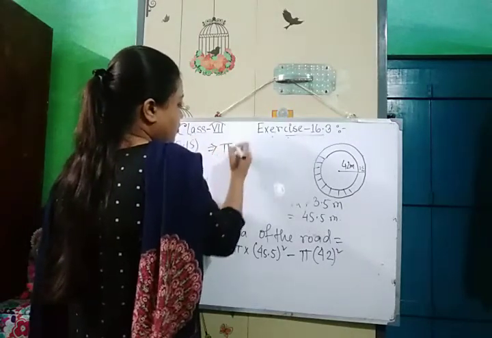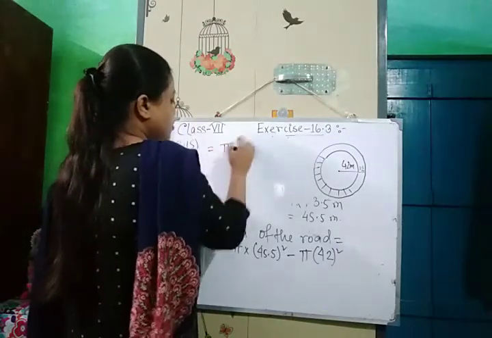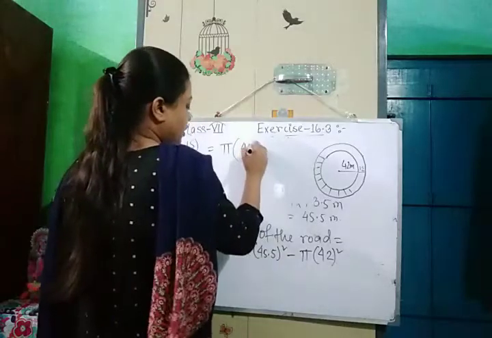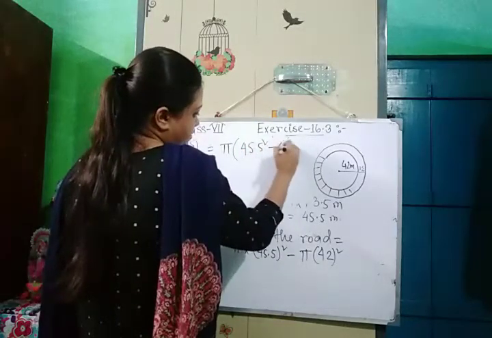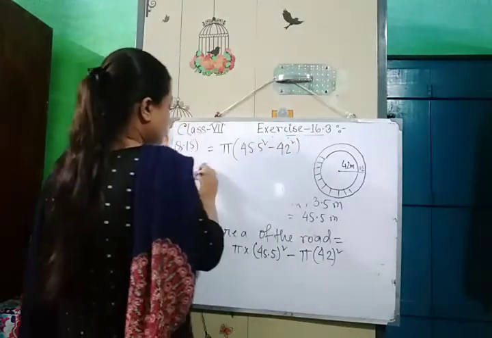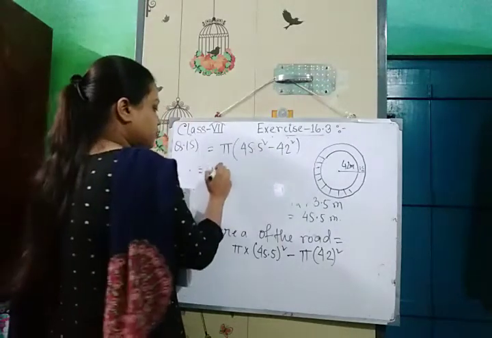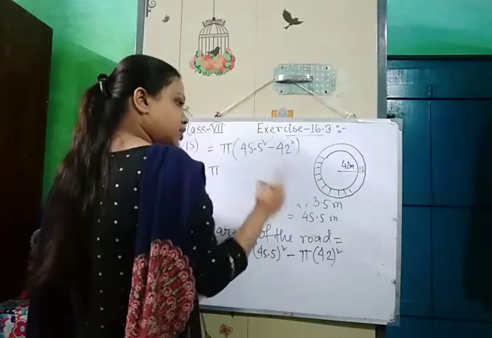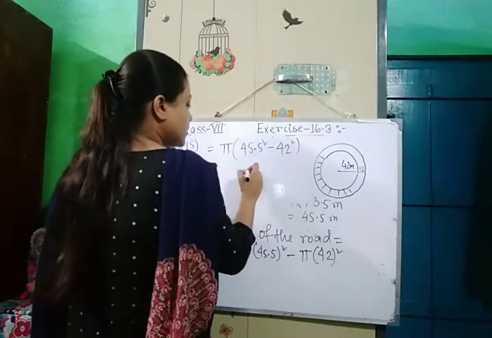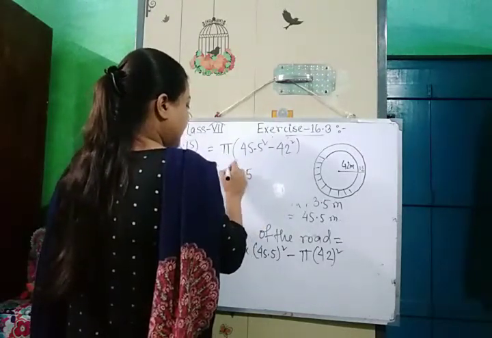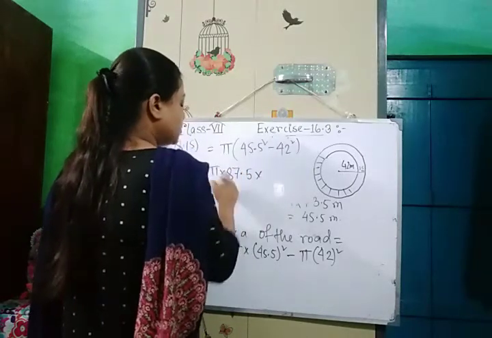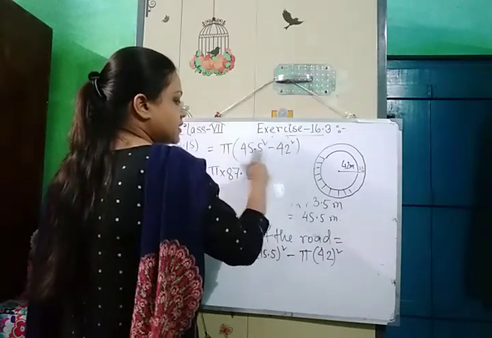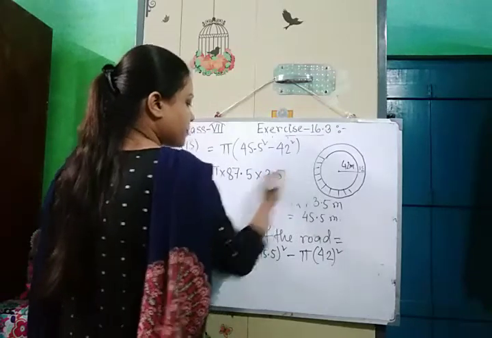In the bracket it will be 45.5 square minus 42 square. So a square minus b square formula is a plus b into a minus b. 45.5 plus 42, that is 87.5, into a minus b, means 3.5.